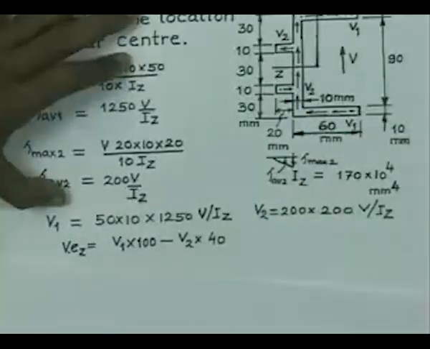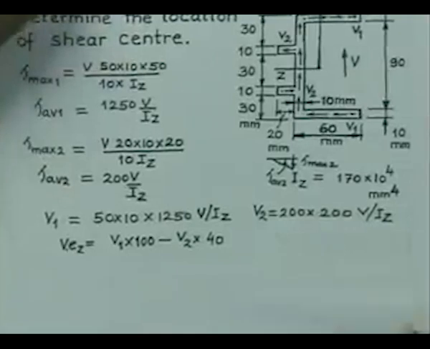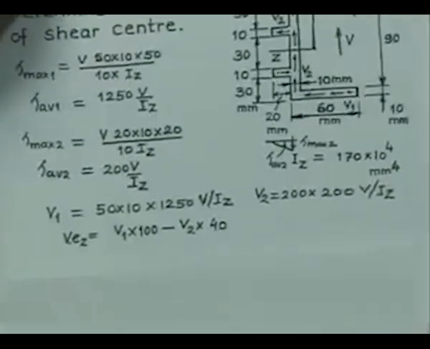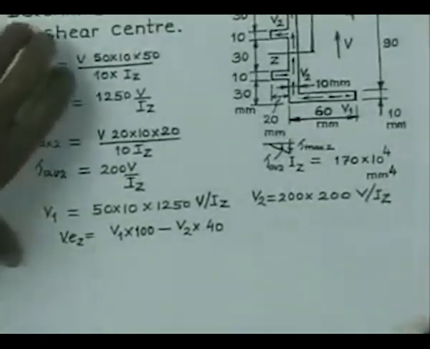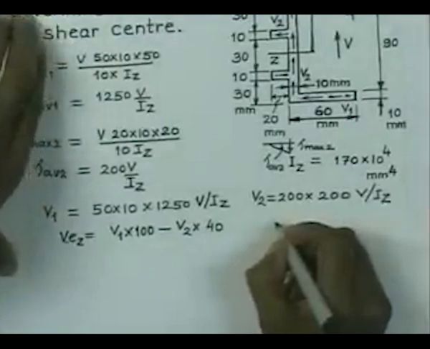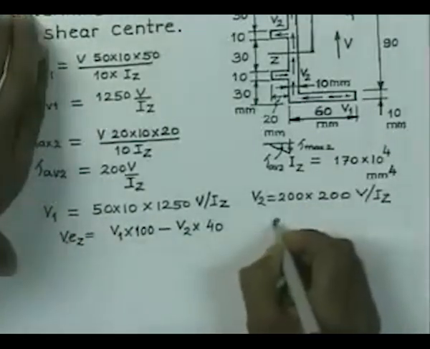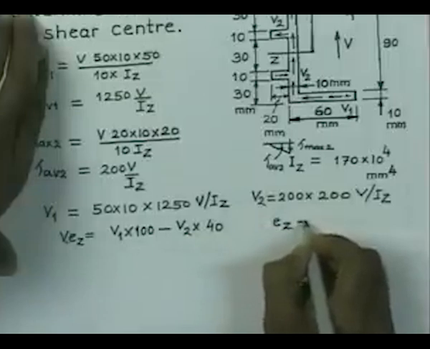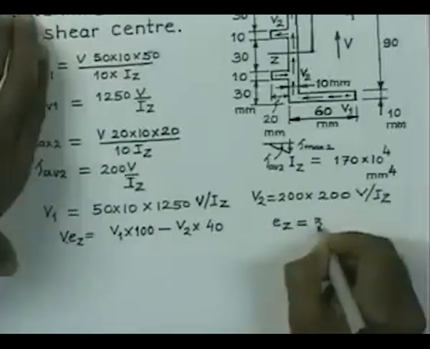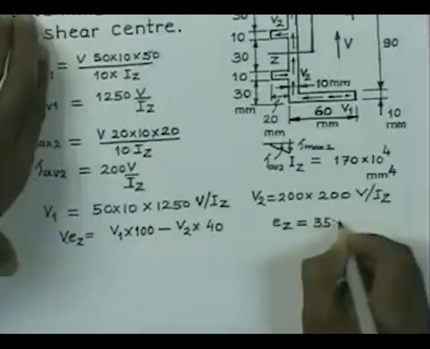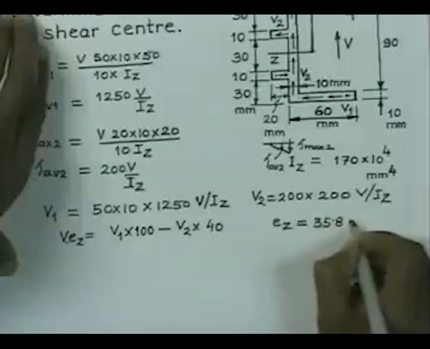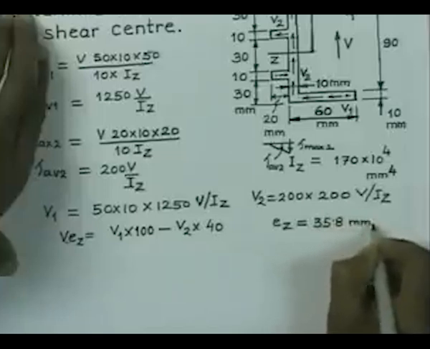So, that is the equation to calculate the distance Ez of the loading plane, and if you substitute these values of V1 and V2 here, on simplification you get Ez equal to 35.8 millimeter.